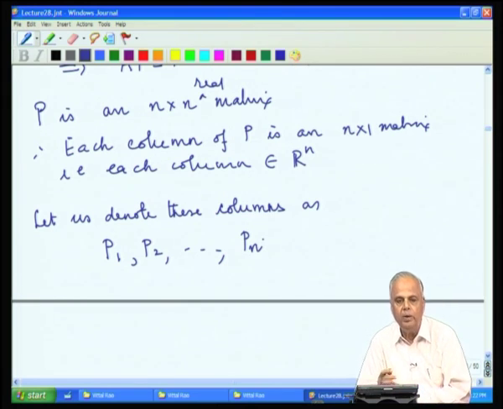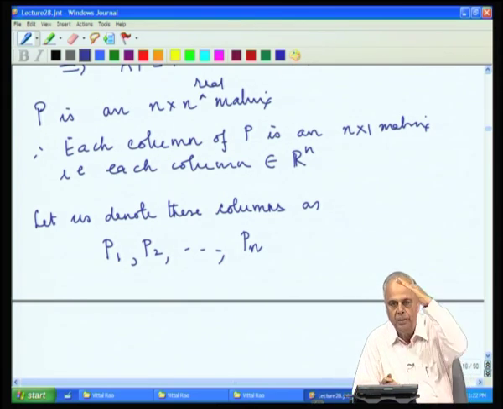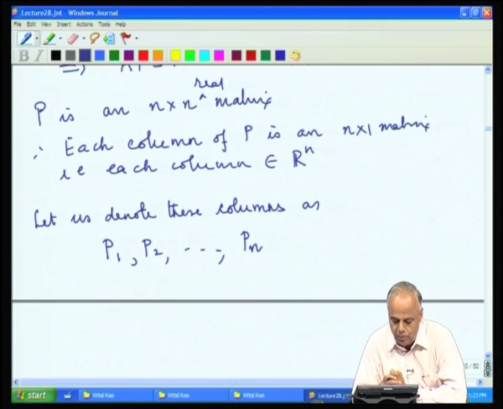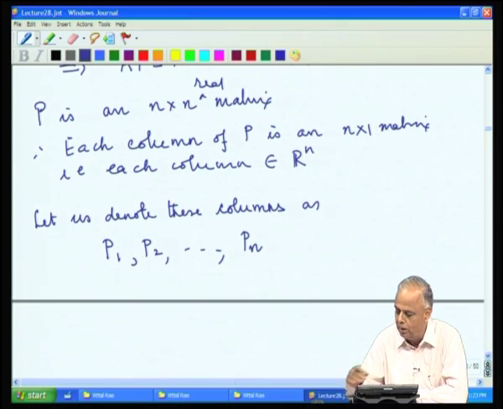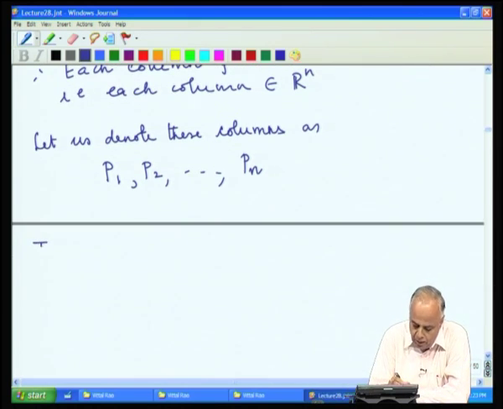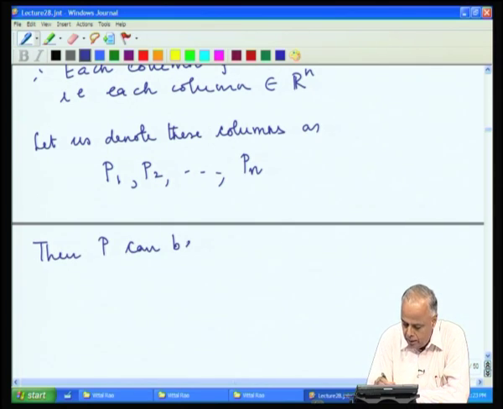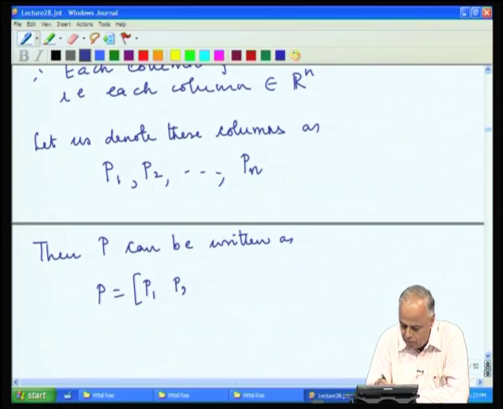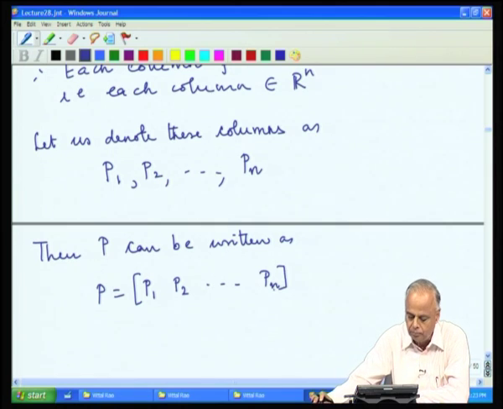So, P 1 will be the first column, it will have n entries, P 2 is the second column, it will have n entries, and P n is the nth column, again a column vector with n entries. Now, P can be written in column notation as P 1 for the first column, P 2 for the second column, and P n for the nth column.